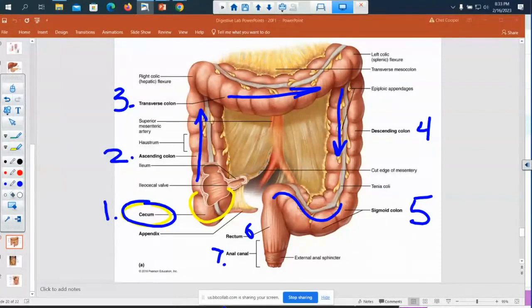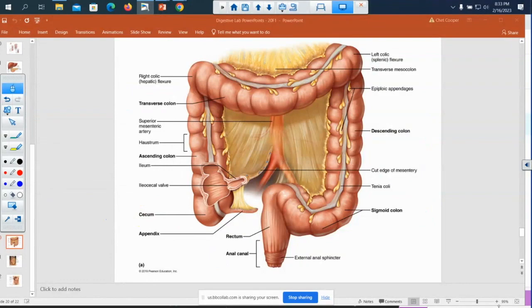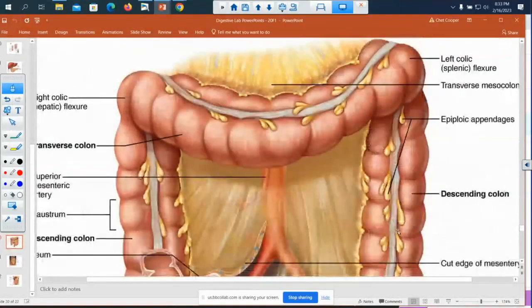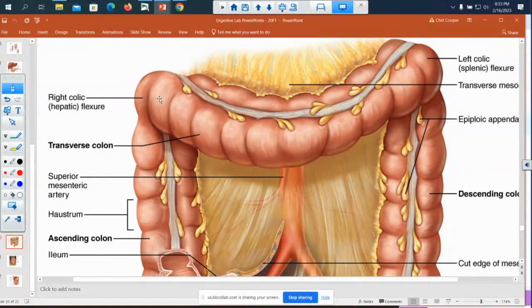Now that we have that, we can regionally look at a few things. Like, I can zoom to the top here. And say up here, it takes a bend. It was going up and now it goes across.